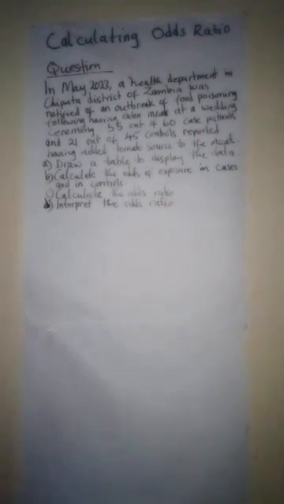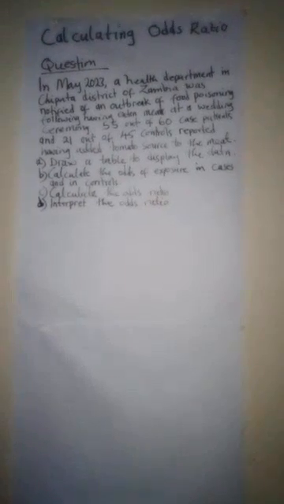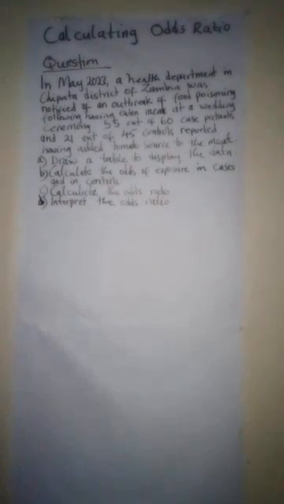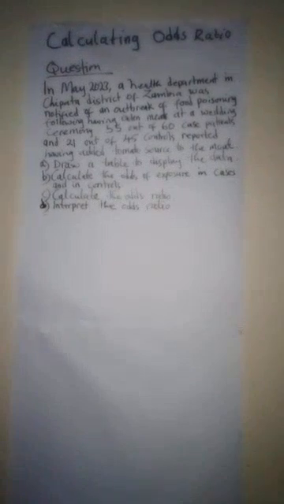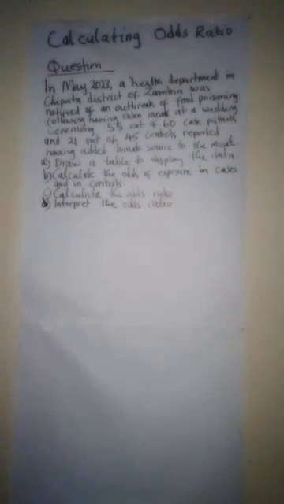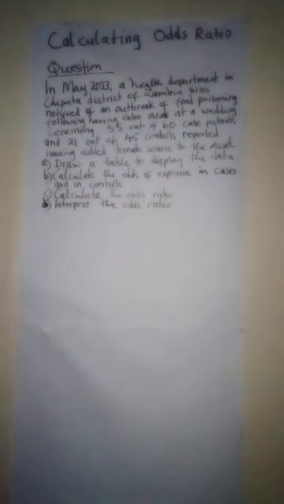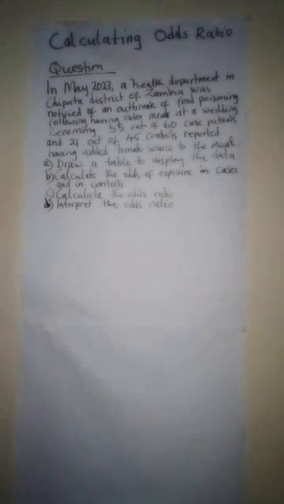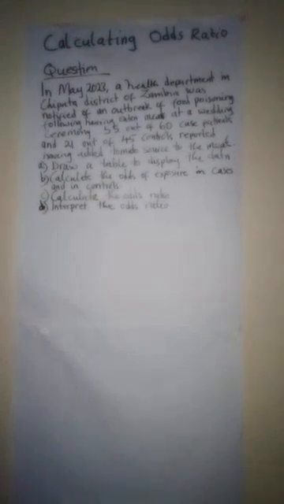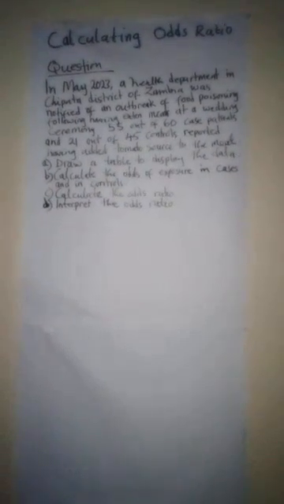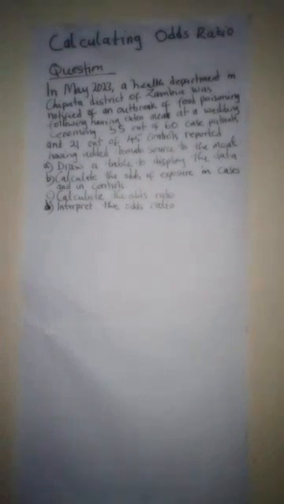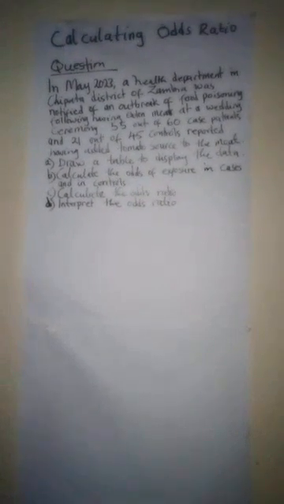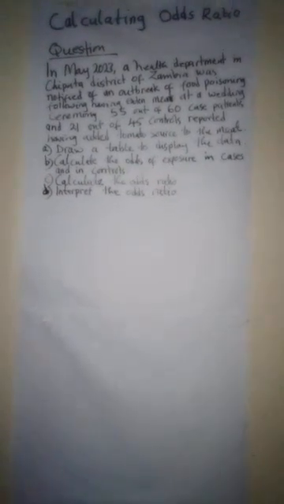Meaning when you've got an odds ratio of greater than 1, it will indicate that the exposure is a risk factor to the disease. But when you have an odds ratio of less than 1, it would indicate that possibly the exposure could be a protective factor to the disease.